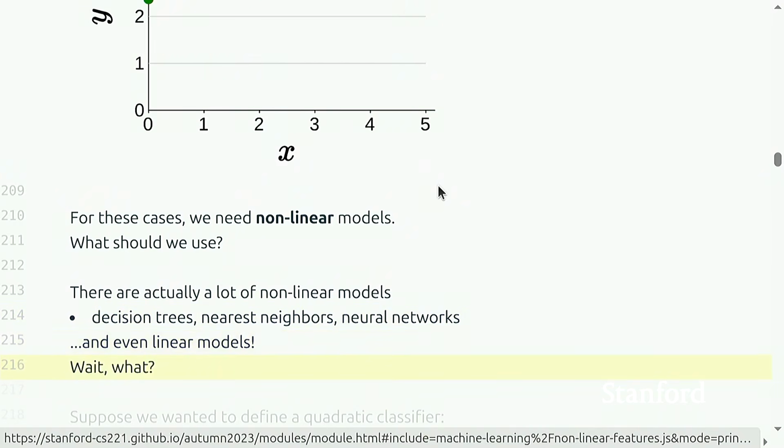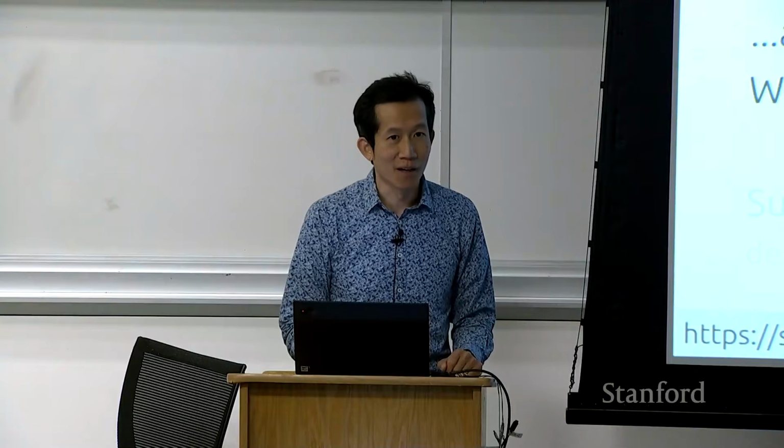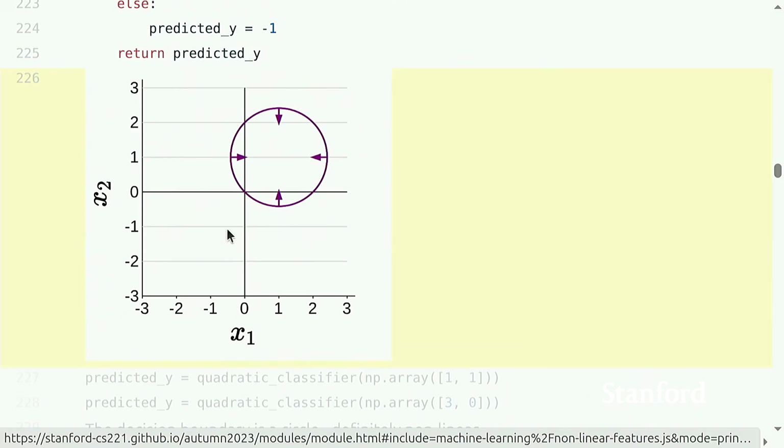So you're probably thinking, wait, that seems like an apparent contradiction, right? How can linear models represent nonlinear decision boundaries? So there's a trick here, and this is actually kind of a cool trick. Suppose you wanted to define some nonlinear classifier. We'll call it a quadratic classifier, and it looks like this. It's going to classify everything outside the circle positive and everything inside the circle negative.